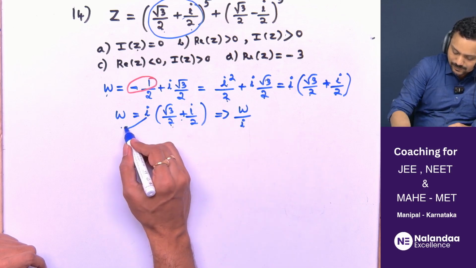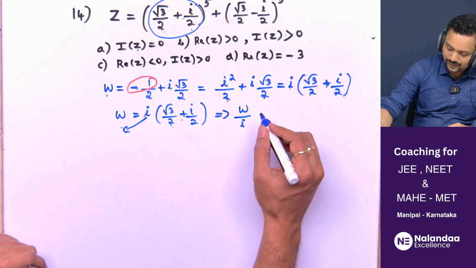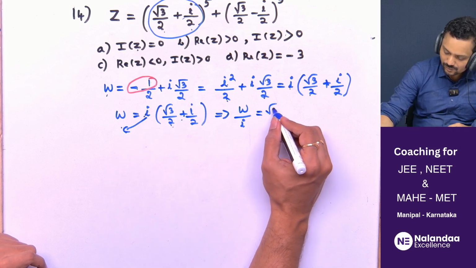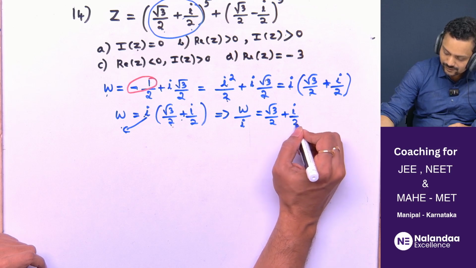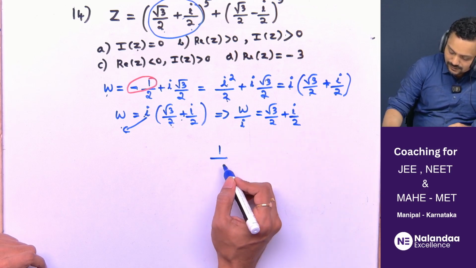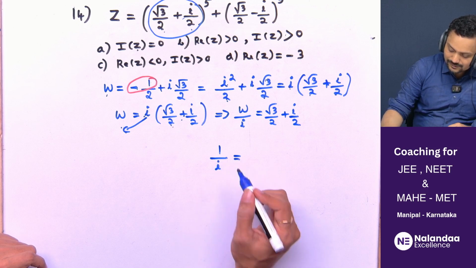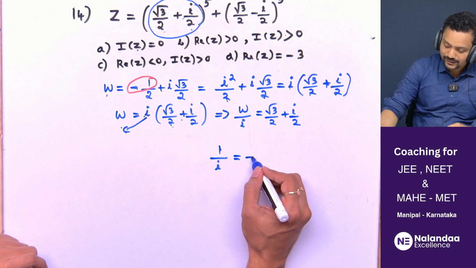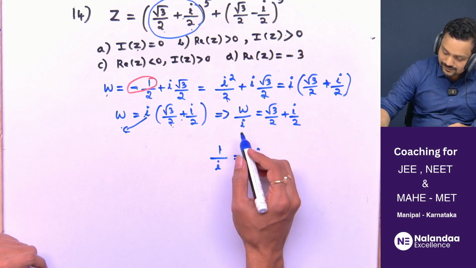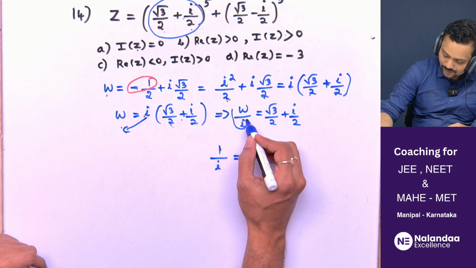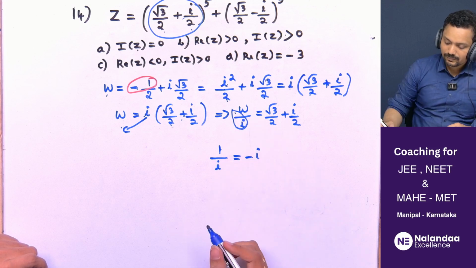So omega by i is equal to root 3 by 2 plus i by 2. And you know this, students, I have told it in my first class of synopsis, 1 by i is minus i. So 1 by i will be minus i.